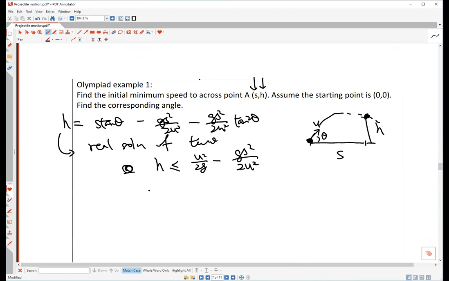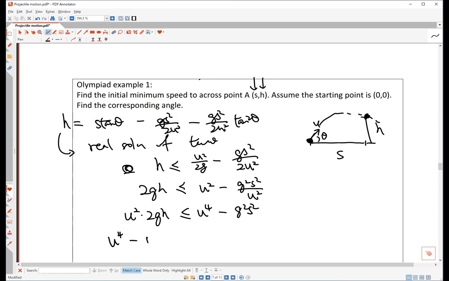So what I do first is just to multiply by 2g on both sides. And then I multiply by u square again. And then I make everything on one side.